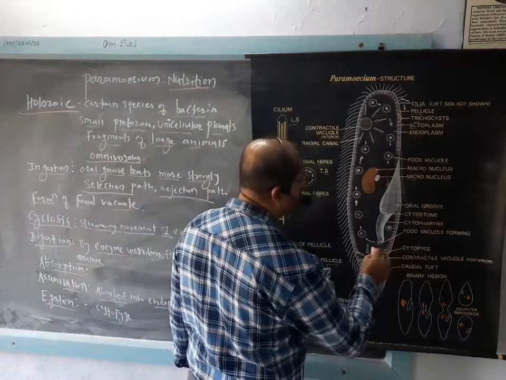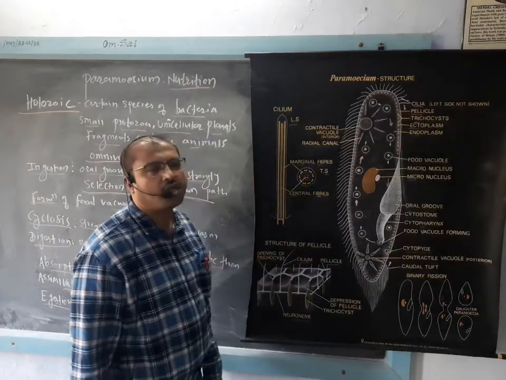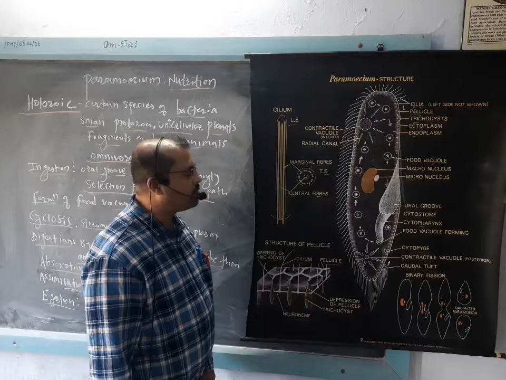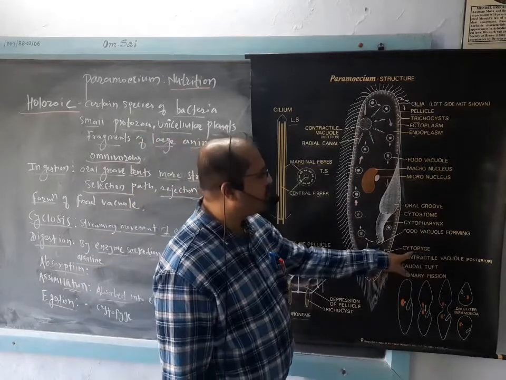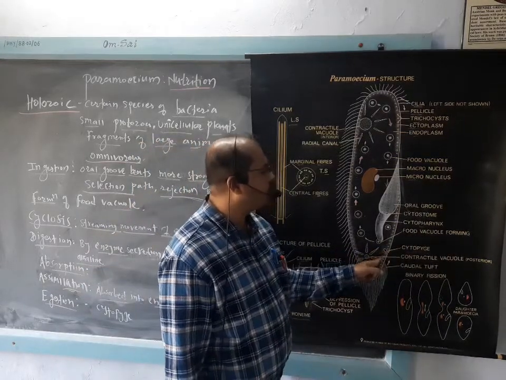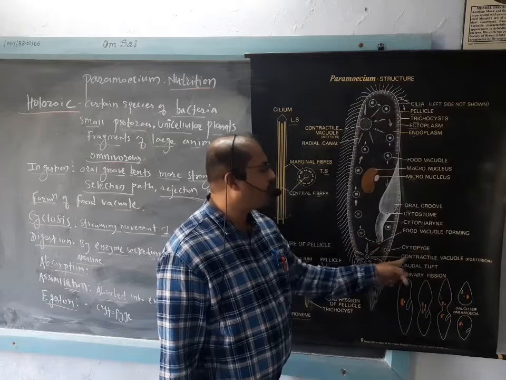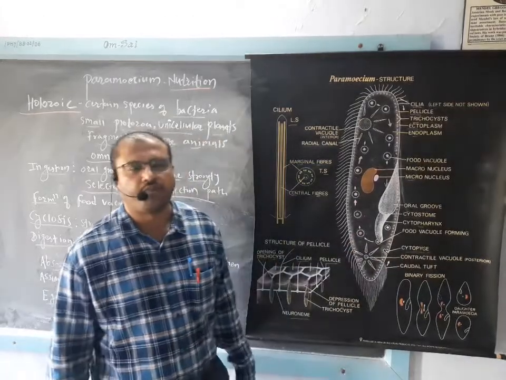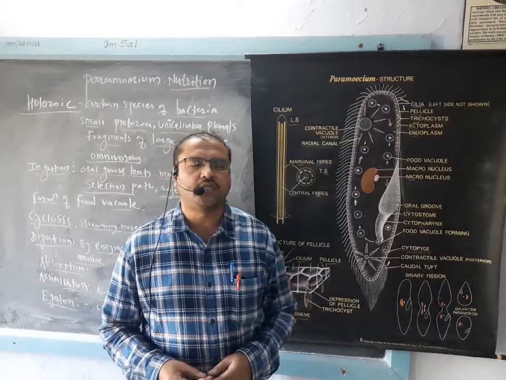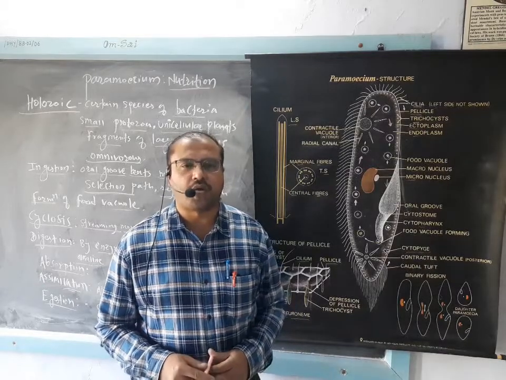There is a permanent opening at the posterior lateral side of the Paramecium where the cytopyge is situated, through which undigested waste material is thrown outside the cell. So this whole process is called nutrition in Paramecium.